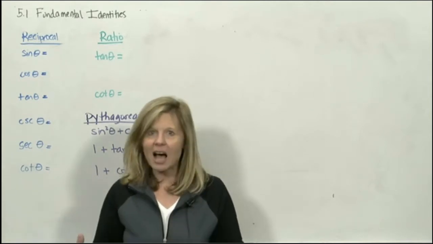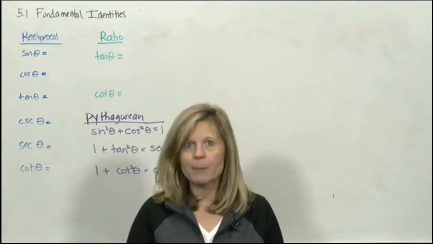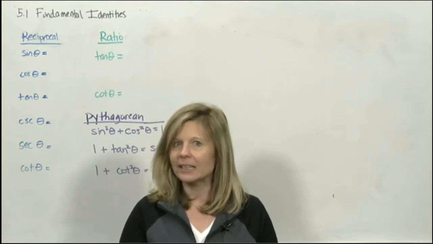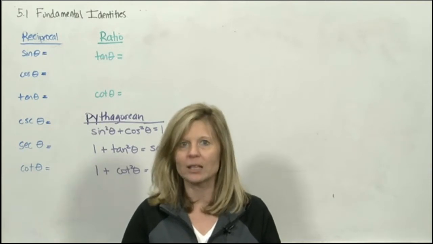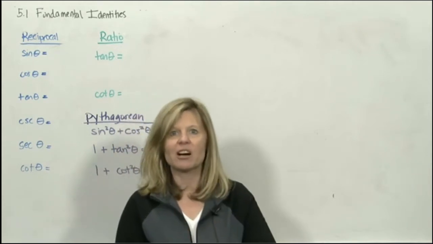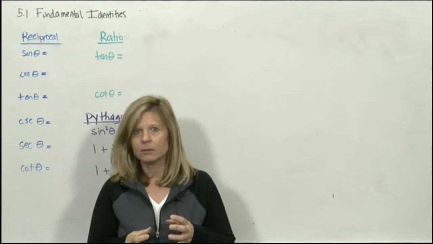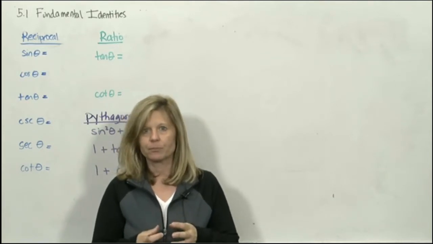So there's going to be a lot of recalling facts about order of operations in algebra, collecting like terms, factoring, foiling, adding fractions, solving linear equations, solving quadratic equations. So this is truly the meat of trigonometry.